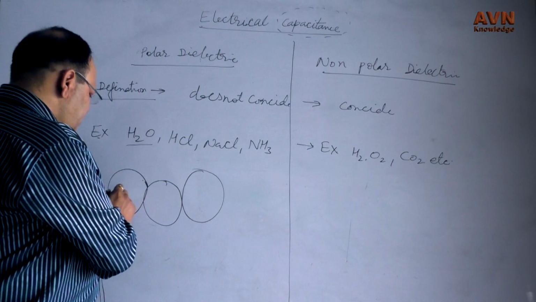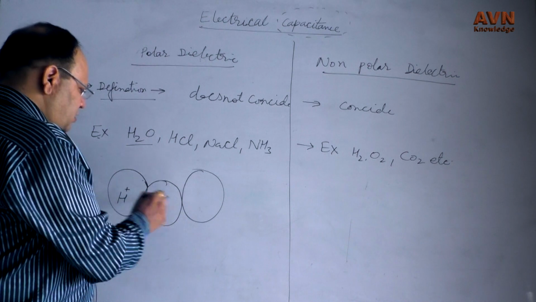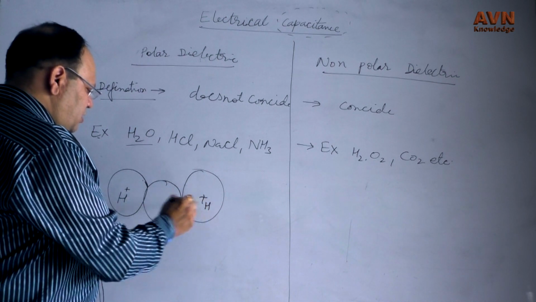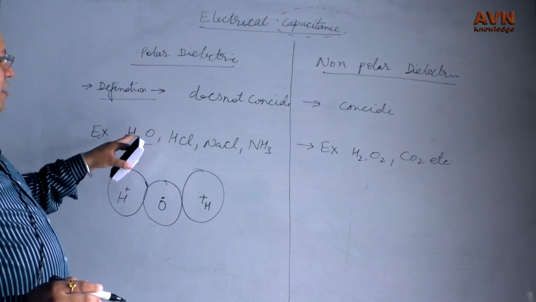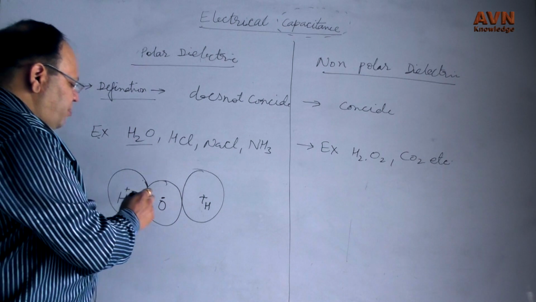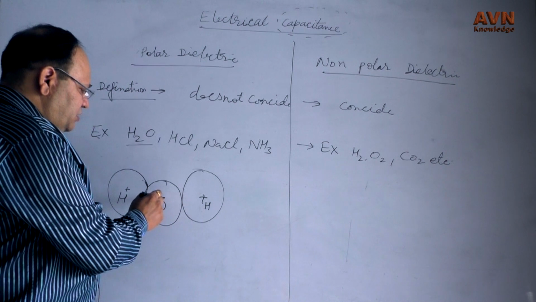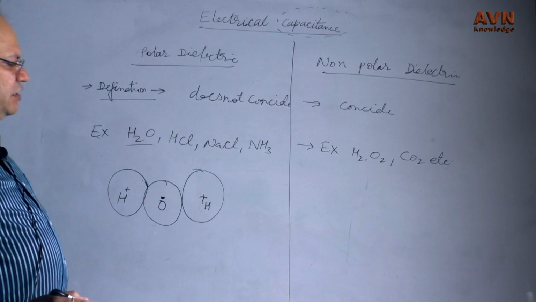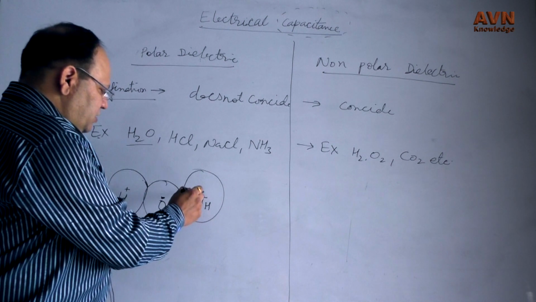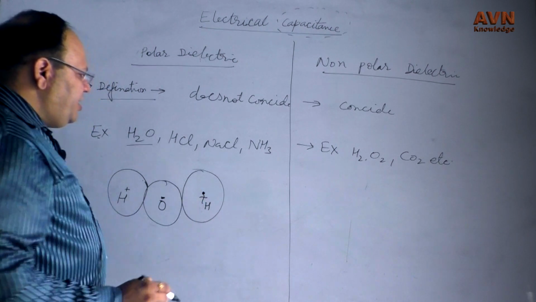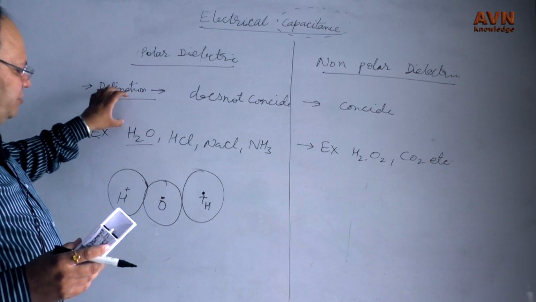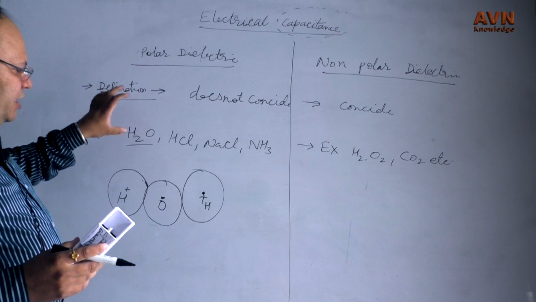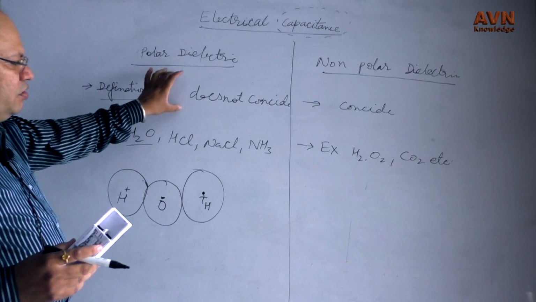So here H plus and O minus. We can calculate the center of mass of negative charge. This is the negative charge. And what is the center of mass of positive charge? This is the positive charge. We can calculate that the center of mass of positive charge and the center of mass of negative charge do not coincide.